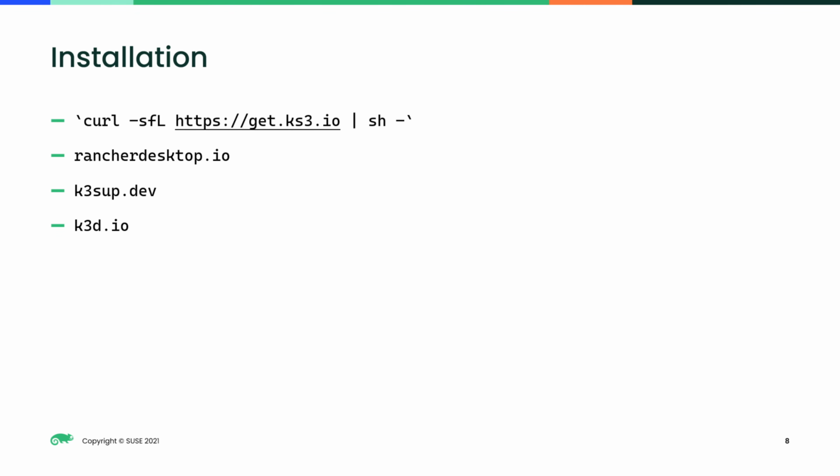It's a super clever implementation and very user friendly. Highly recommended. And lastly, there is K3d, which is a way that you can run multiple K3s clusters on top of Docker. So if you're running Docker or the open source version Moby, you can then use K3d to spin up multiple clusters quickly.